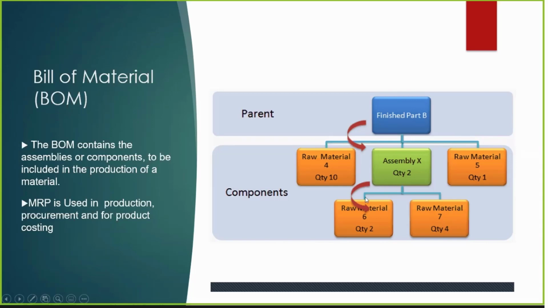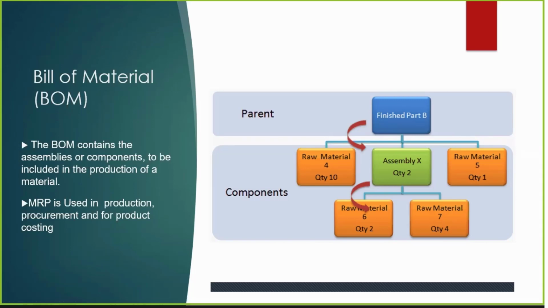Because this one contains other components, and the quantity is 2. I need 2 of this assembly X. It contains raw material 6 with quantity 2, and raw material ID 7 with quantity 4. And we also need raw material 5 with quantity 1.